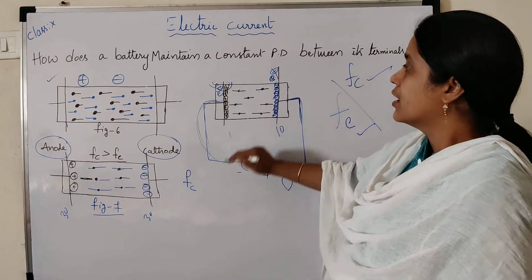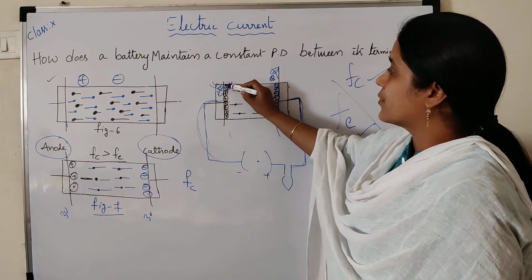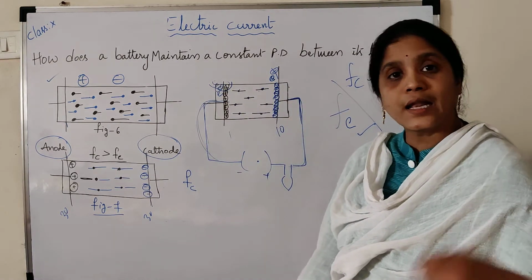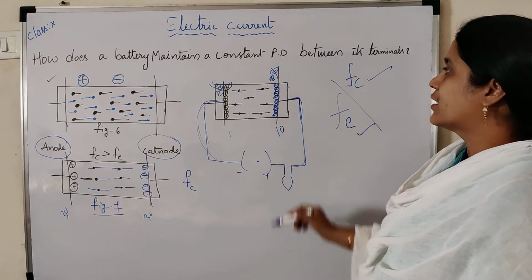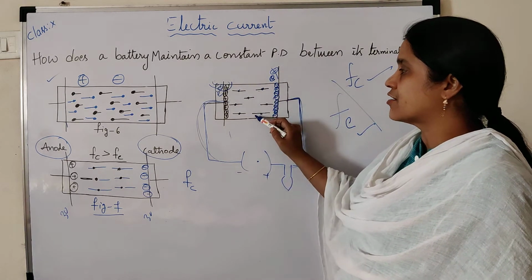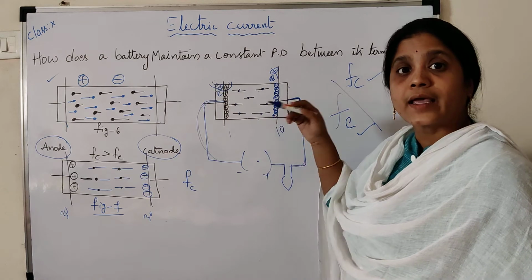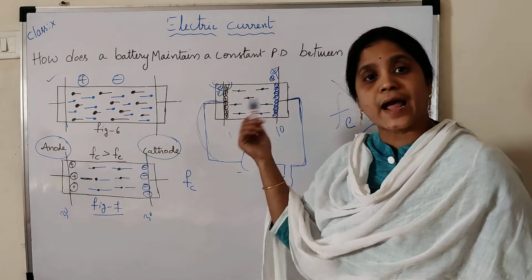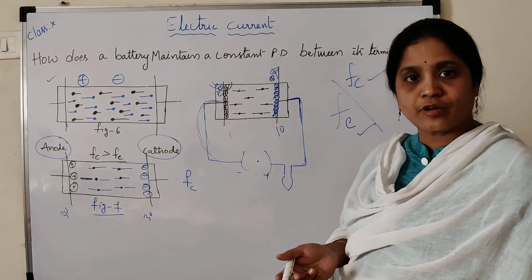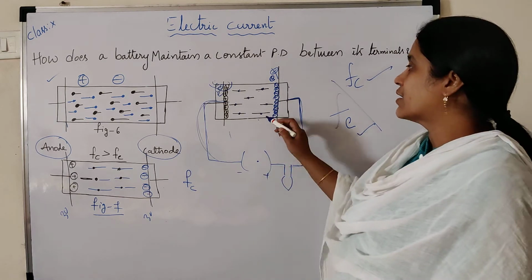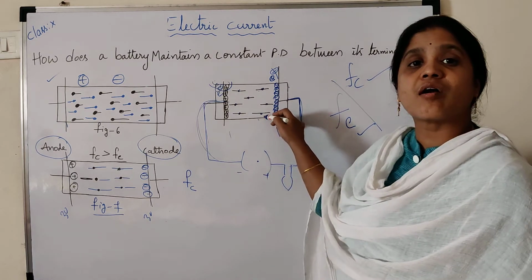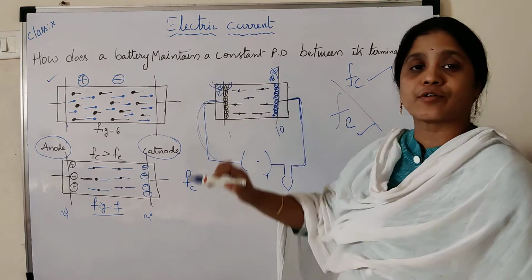These electrons are attracted by the positive ions due to the electric force. But after attracting, the electrolyte should immediately exert a force, which we call chemical force. But here the chemical force is not acting on this electron.